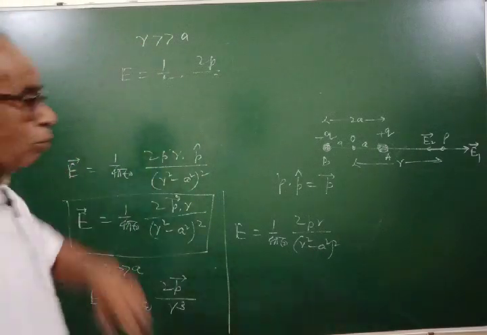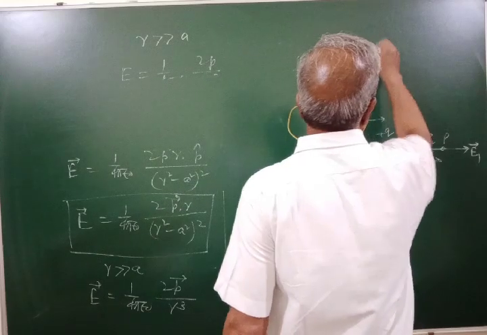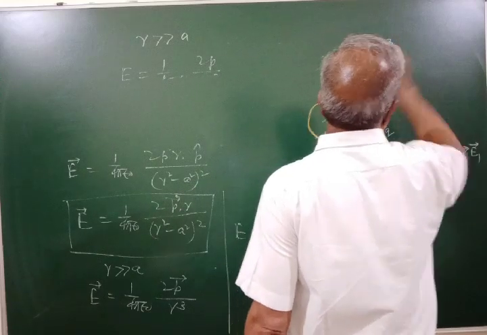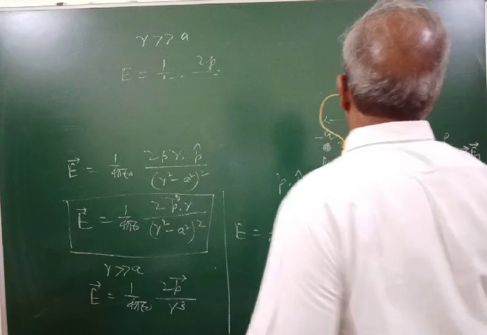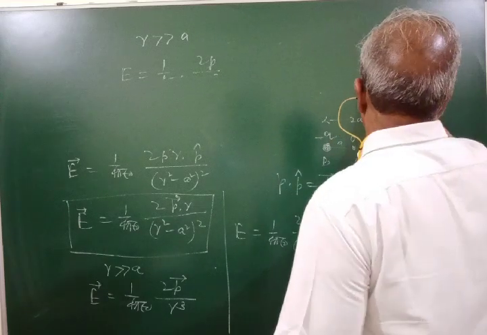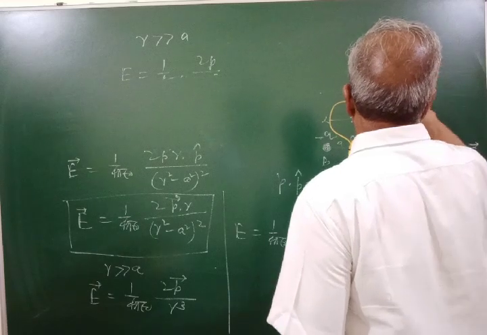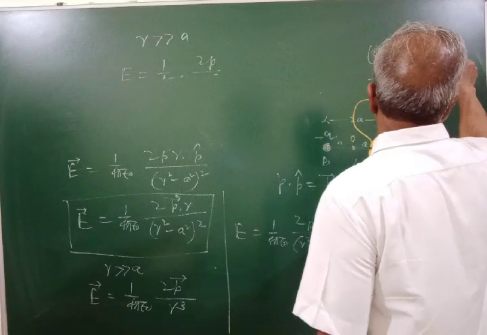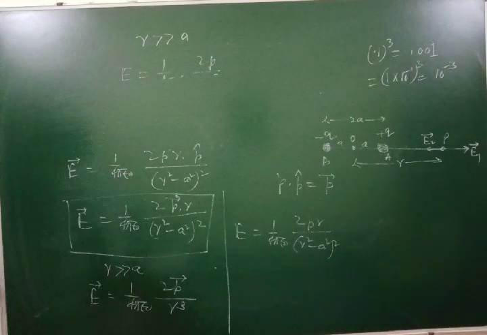I asked him, if it is 0.1 cube, what do you write? It is 0.001. You can write it as 1 into 10 to the power minus 1, whole cubed, which is 10 to the power minus 3. The calculation part improves only when you practice calculation.